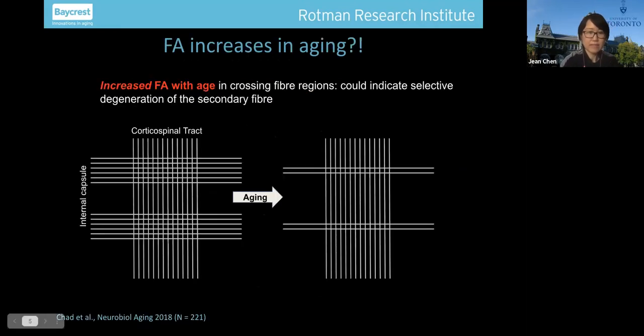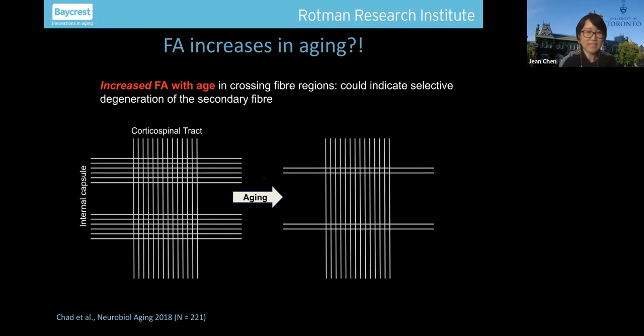In our previous work, we theorized that this is probably because we're imaging in a region of heavily crossing fibers. Imagine this region that I showed before is the crossing of the internal capsule and the corticospinal tract. Fortunately, in the spinal cord, there's less of this happening.